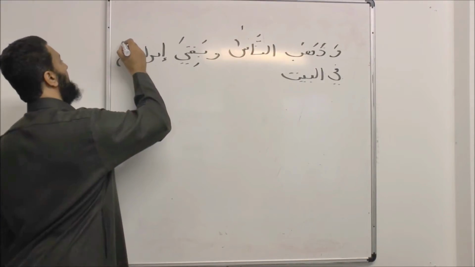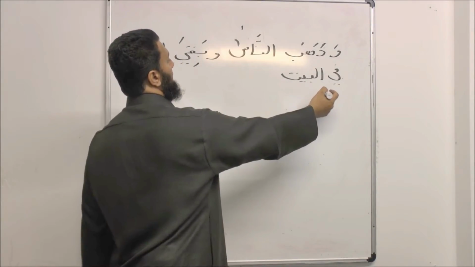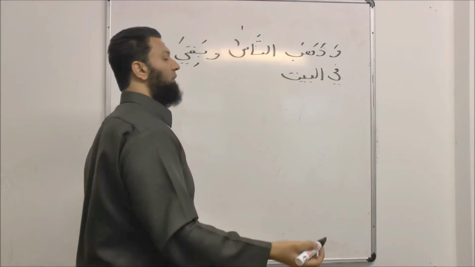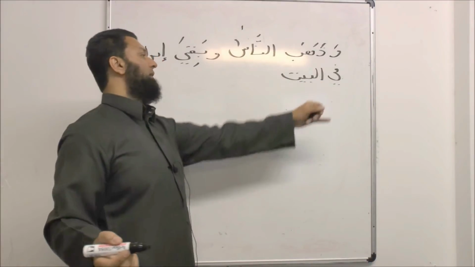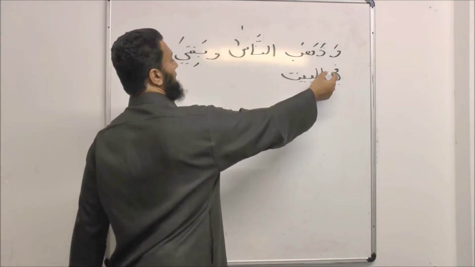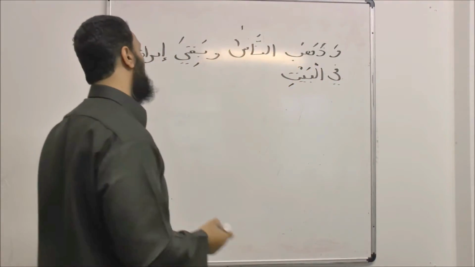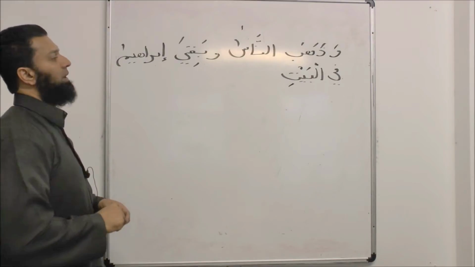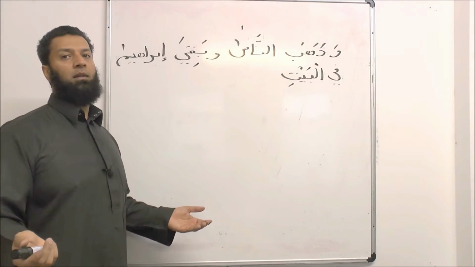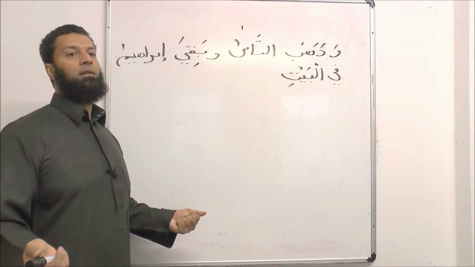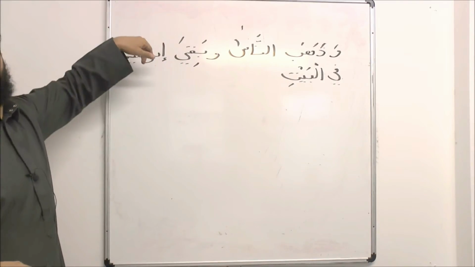Fil bayti is maf'ulun bihi biwasatati al-harf, the fi. Fil bayti, that's a harfu jarrin, and then this is ismu majrur. وذهب الناس وبقي إبراهيم في البيت means, and the people went, and Ibrahim remained in the house. Good Muhammad, you stopped translating it as 'and he remained', then saying Ibraaheem.